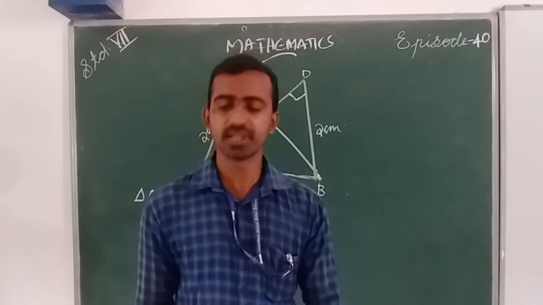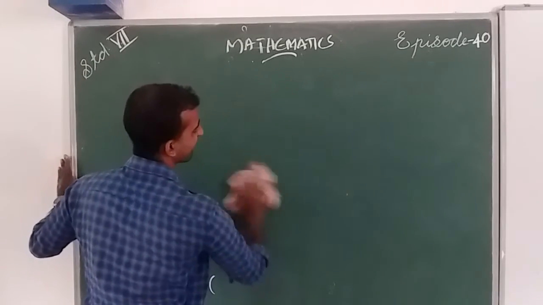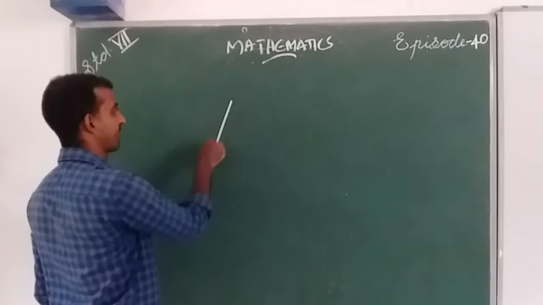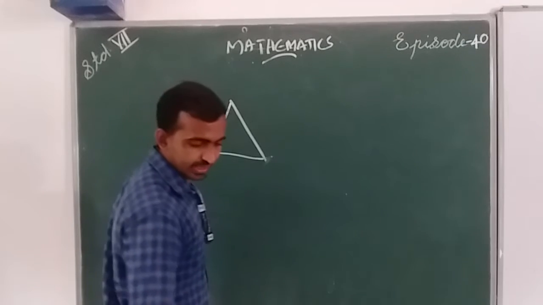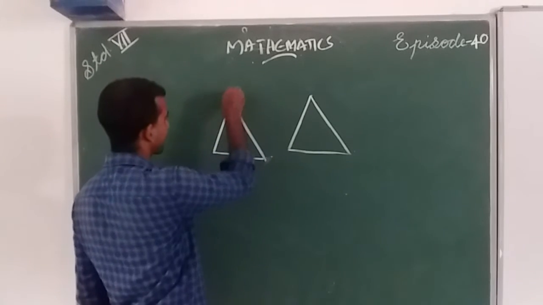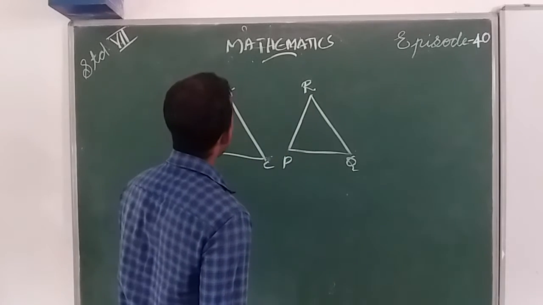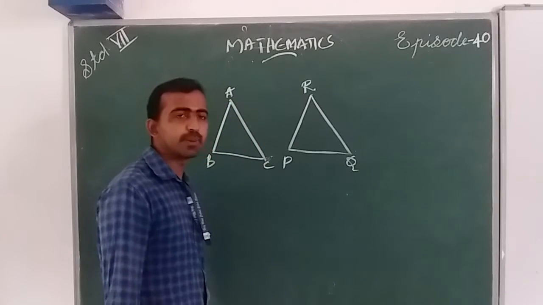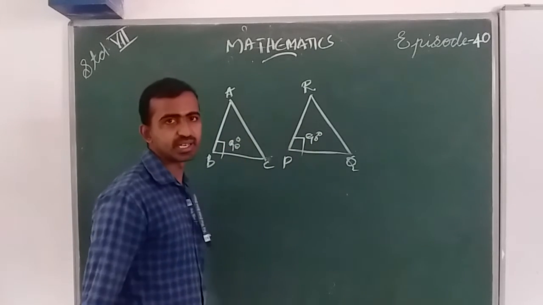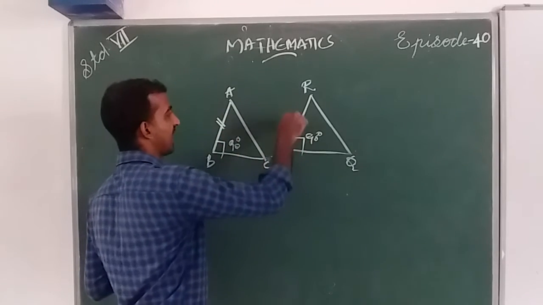When we sketch the rough figure of the two triangles ABC and RPQ, first angle B equal to angle P, this is 90 degree, and next AB equal to RP.